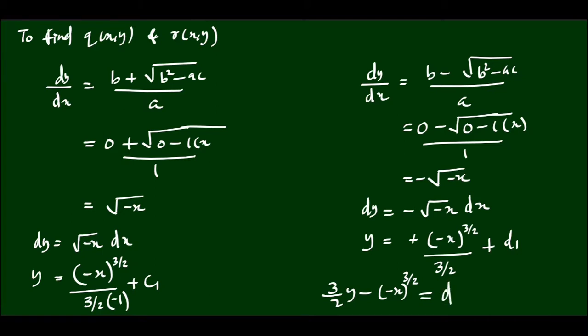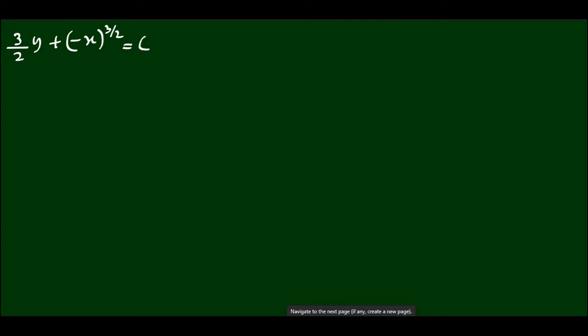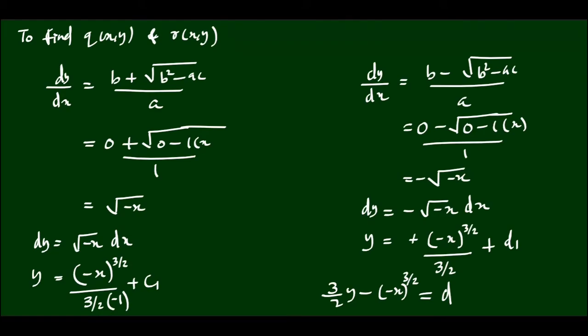So we have two equations: (3/2)y + (−x)^(3/2) = c, and (3/2)y − (−x)^(3/2) = d.